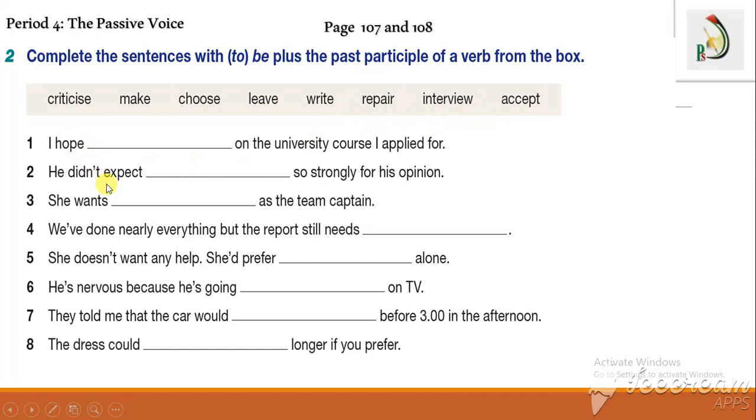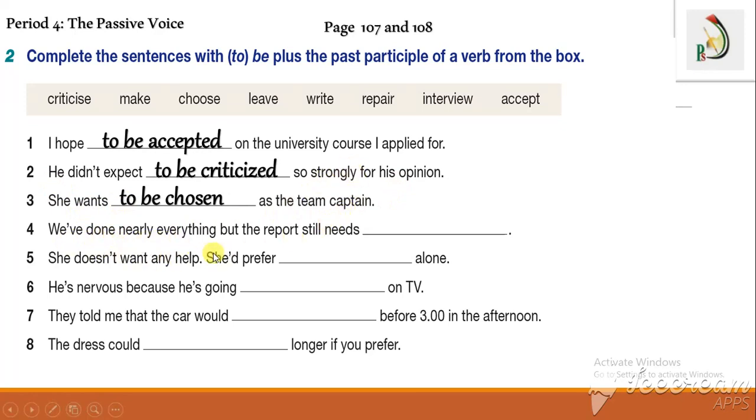I hope to be accepted on the university course I applied for. He didn't expect to be criticized so strongly for his opinion. She wants to be chosen as the team captain.